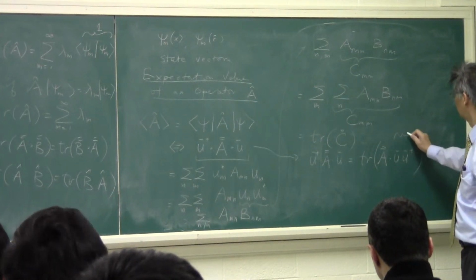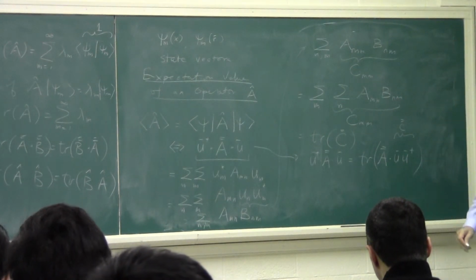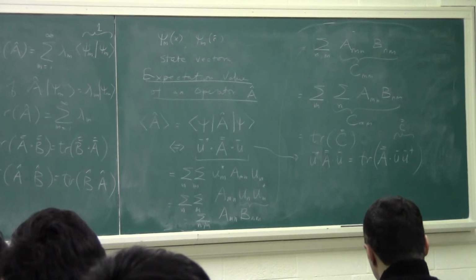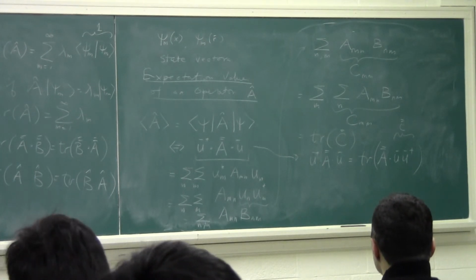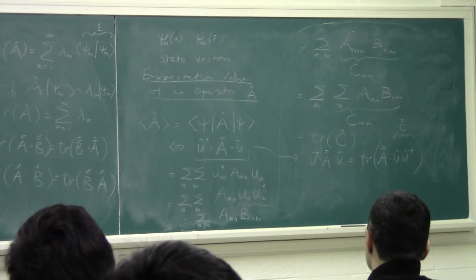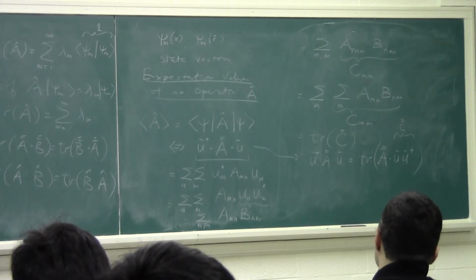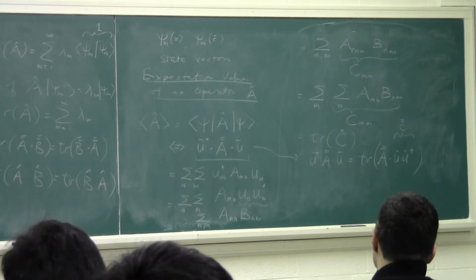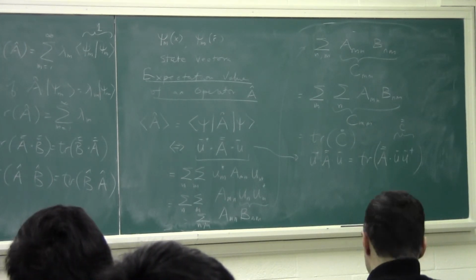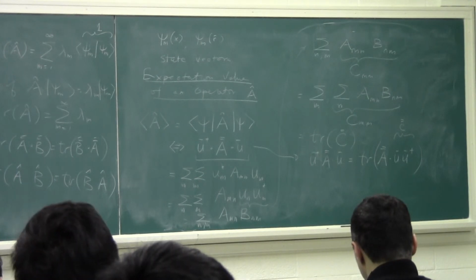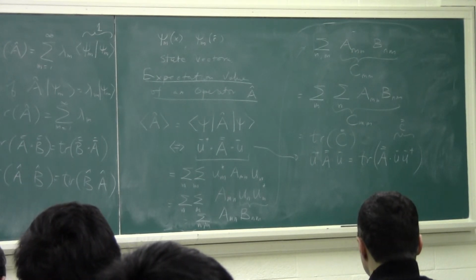And this is what I call my matrix C. That expectation value calculation occurs over and over again in quantum mechanics. We haven't given you its physical meaning yet. But that expectation value can be calculated using the formula on the right-hand side instead of the formula on the left-hand side.